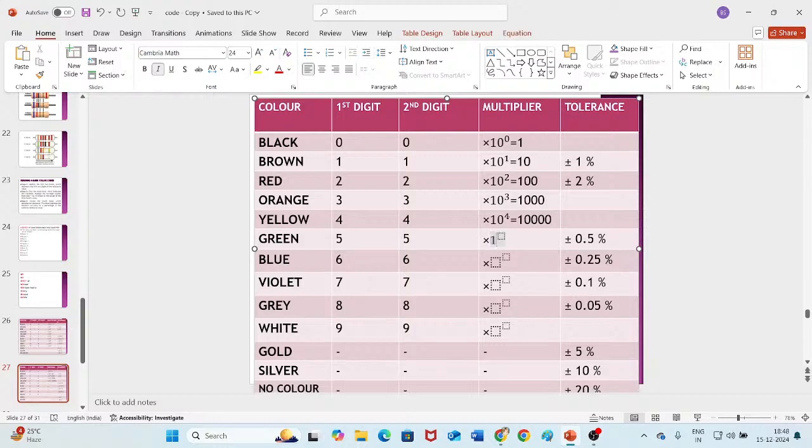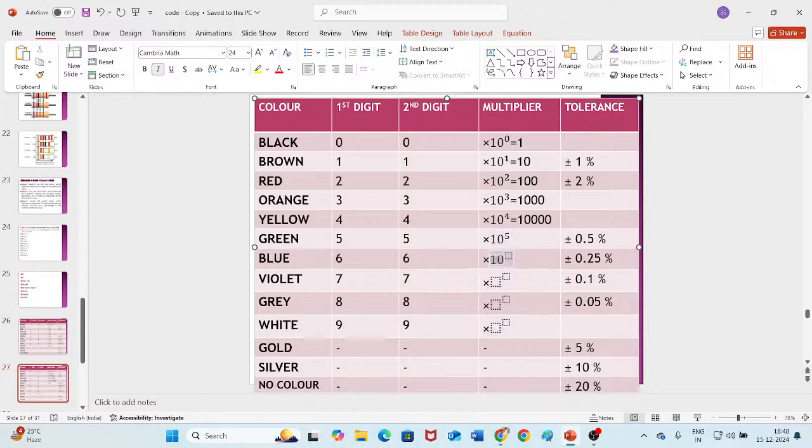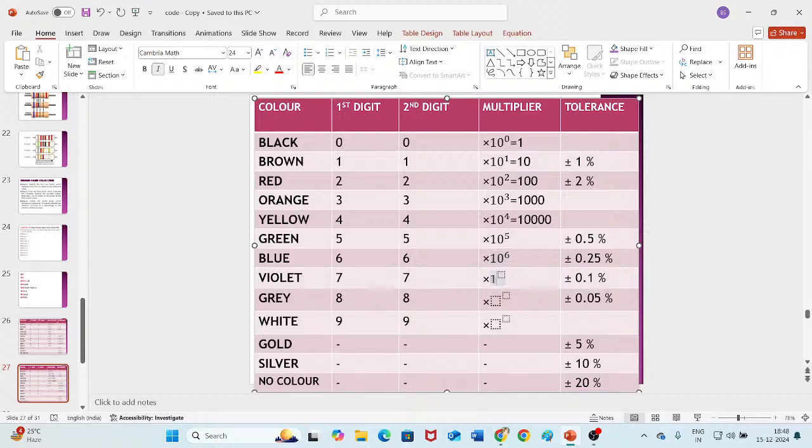Similarly, for green, 10 to the power of 5. For blue, 10 power 6. For violet, 10 power 7.